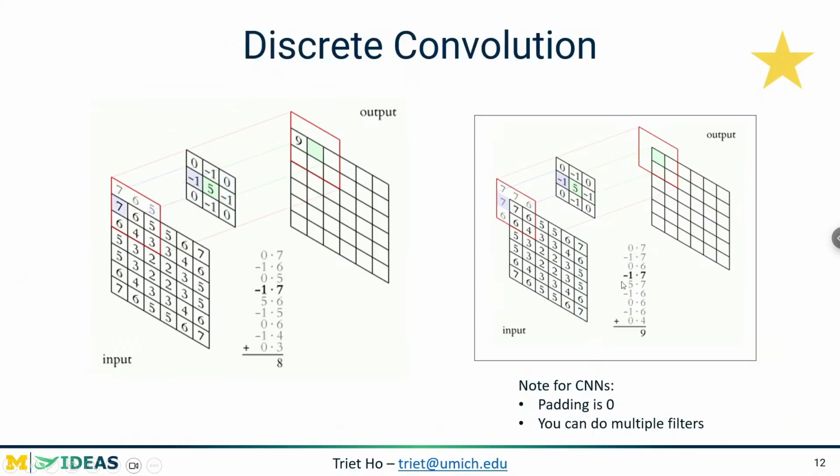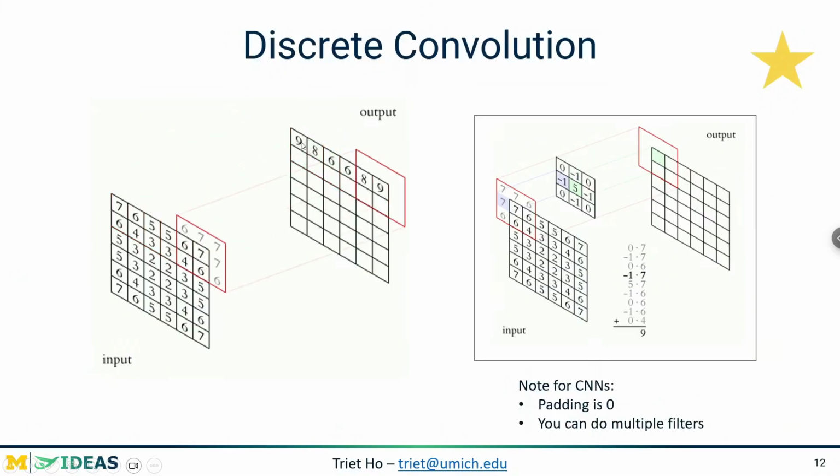Then you add them all up, you get 9. And 9 is the first value over here, which is also the value over here. Then you repeat that for every single node or neuron in this matrix, and then you get the convolution.